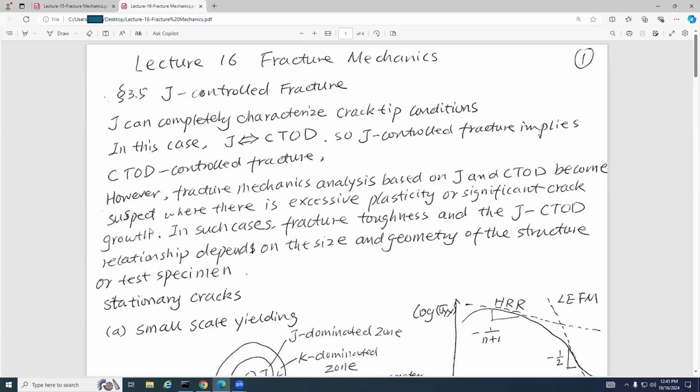In such cases, our fracture toughness and the J-CTOD relationship depend upon the size and geometry of the structure and the test specimen. I want you guys to underscore this statement and know that J and CTOD have some conditions to be valid. Outside this boundary, it is not valid.